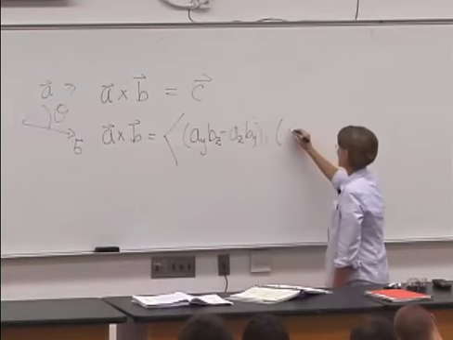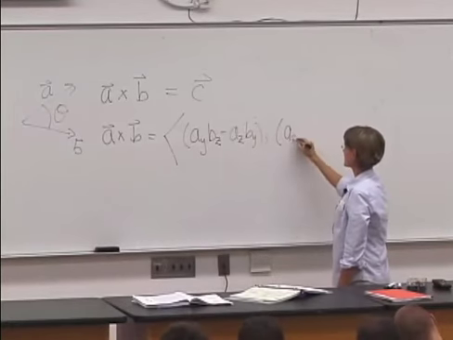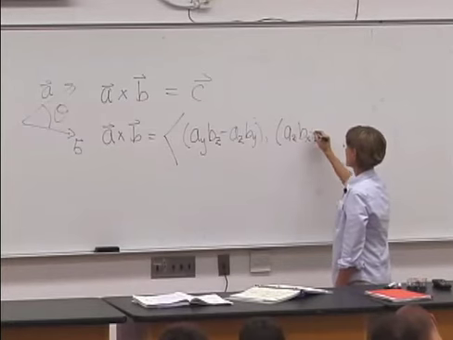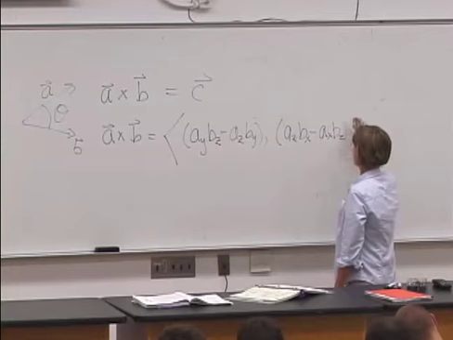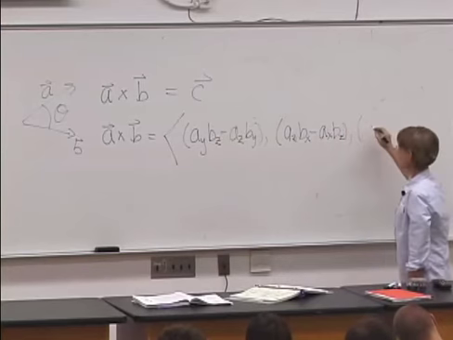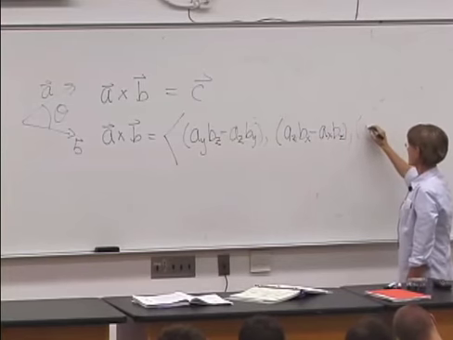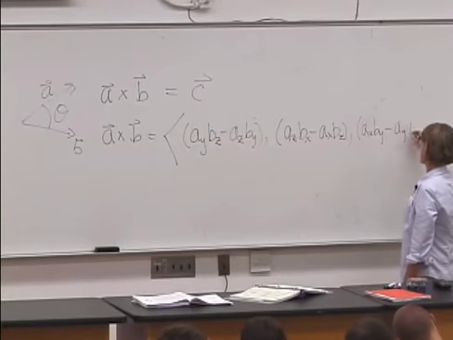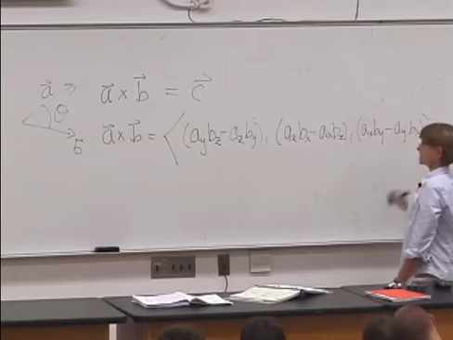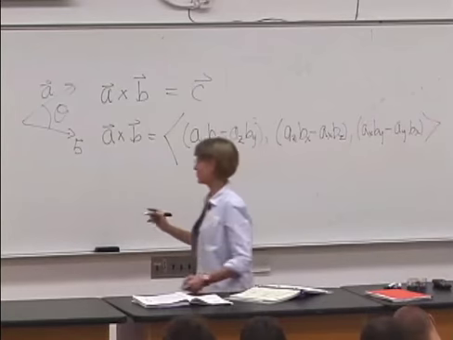And the y component is A sub z B sub x minus A sub x B sub z. And the z component is A sub x B sub y minus A sub y B sub x.